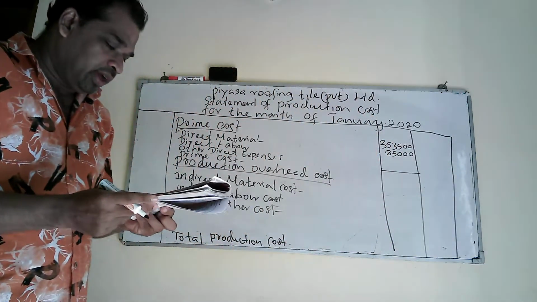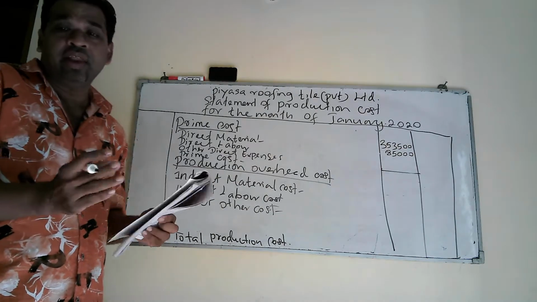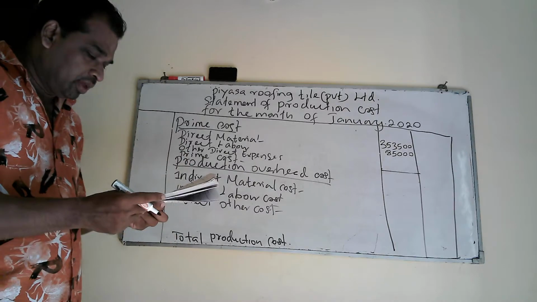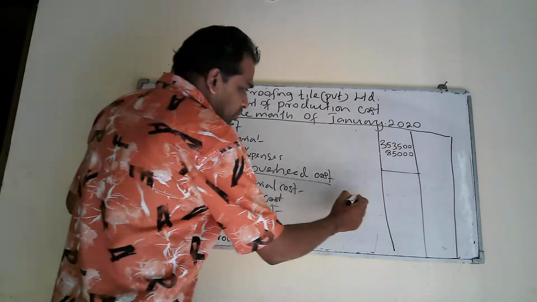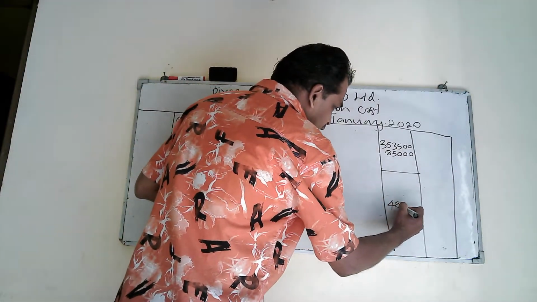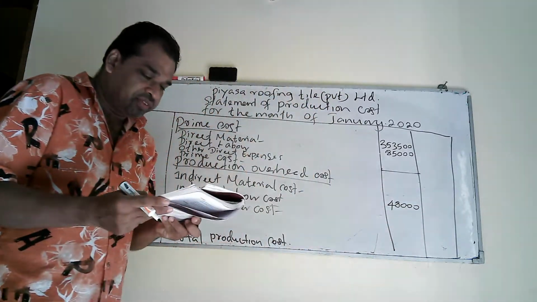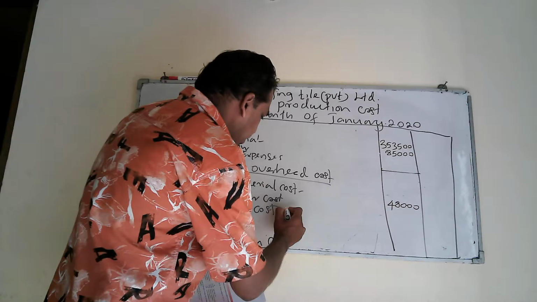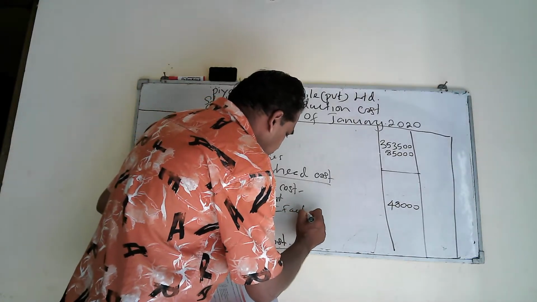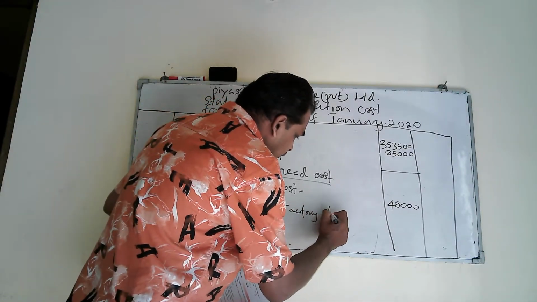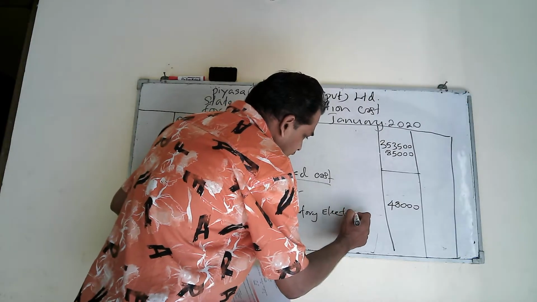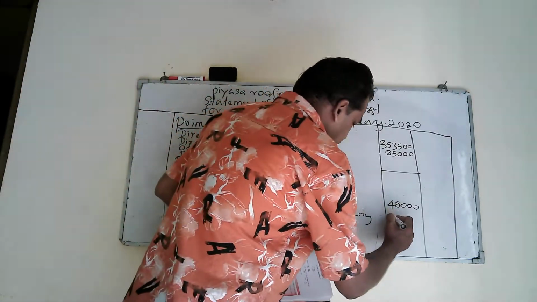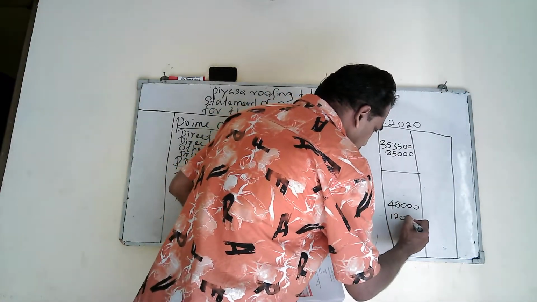Then next one, supervisor salary, indirect labor cost, 48,000. Next item, factory electricity, it comes under indirect other cost. The amount is 12,000. You can take the amount 12,000.